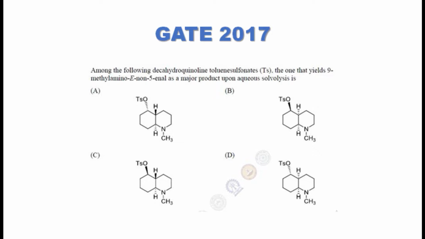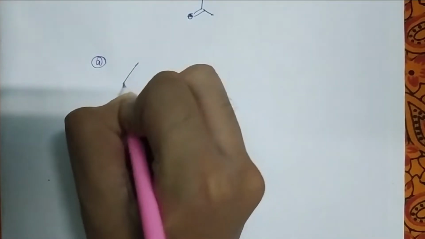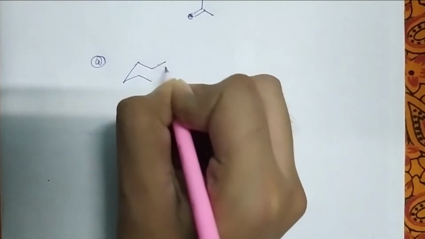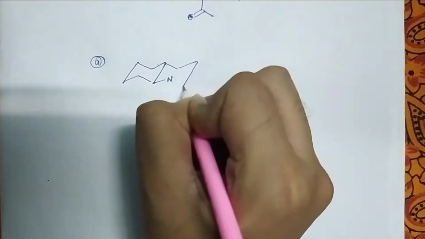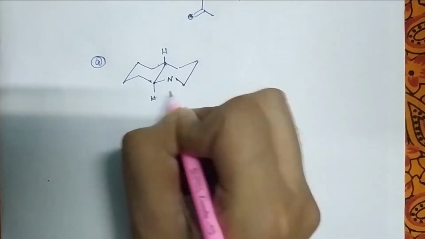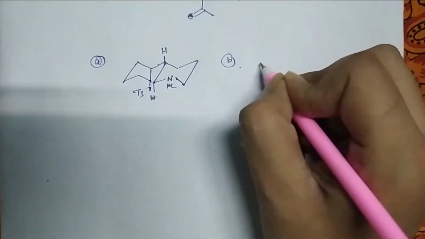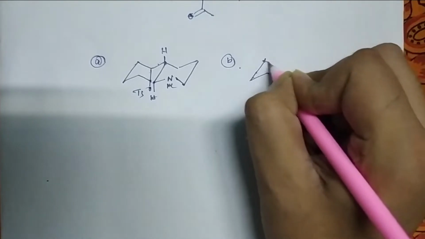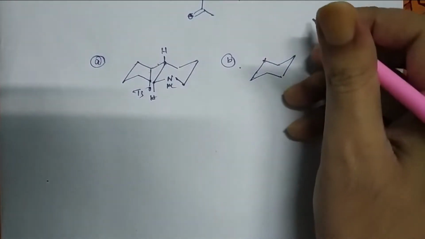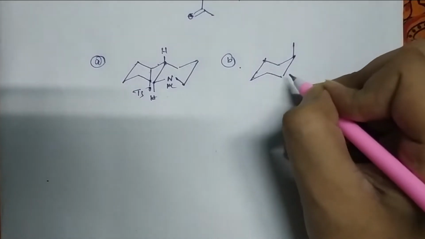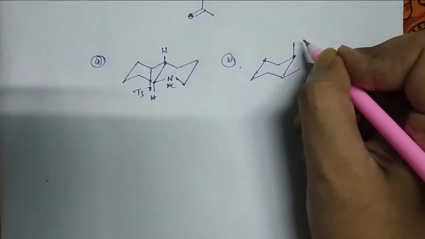One thing you have to see is that there is an E double bond, that is a trans. So we have to get a trans double bond out of the 4 options. So let's draw all 4 decahydroquinoline structures one by one. For the first, there is a trans junction. The OTs is below. For B, that is a cis junction. So the rings will be up.